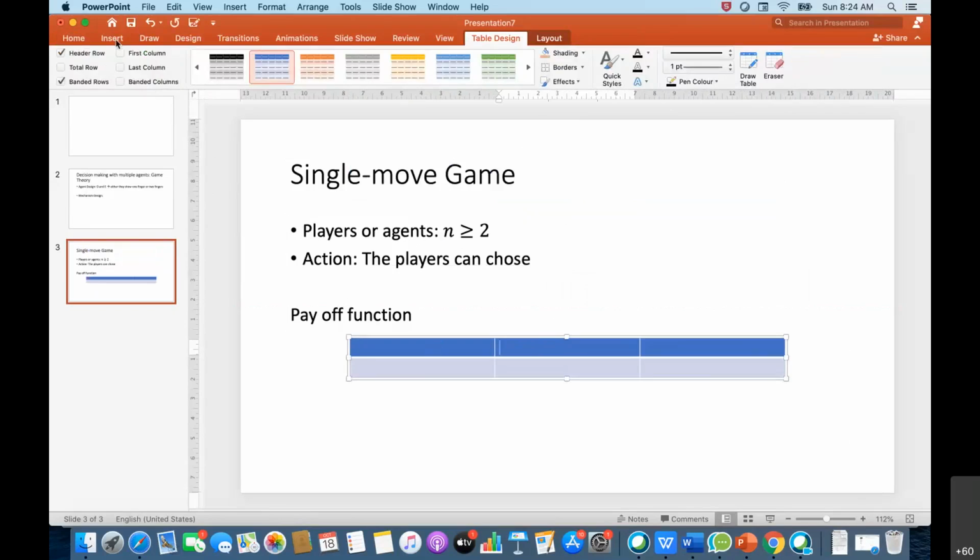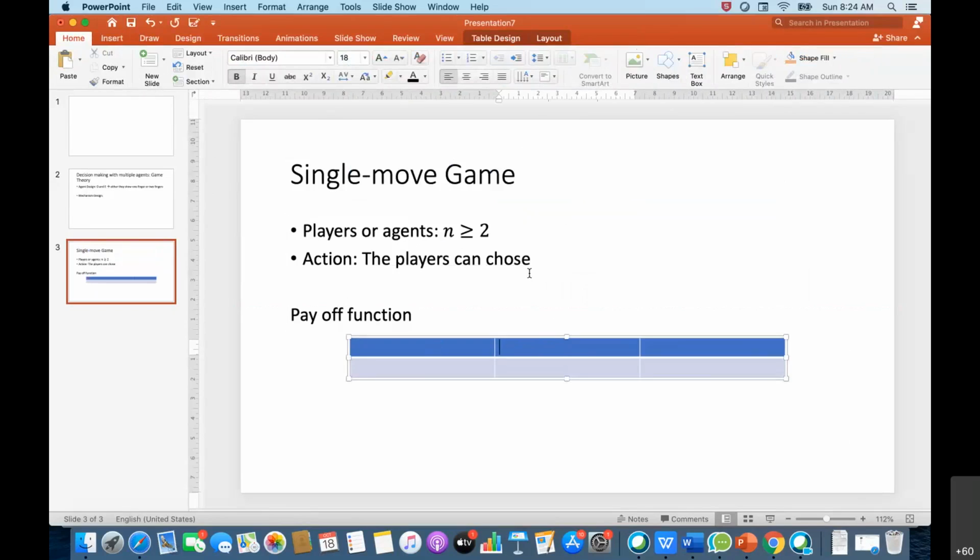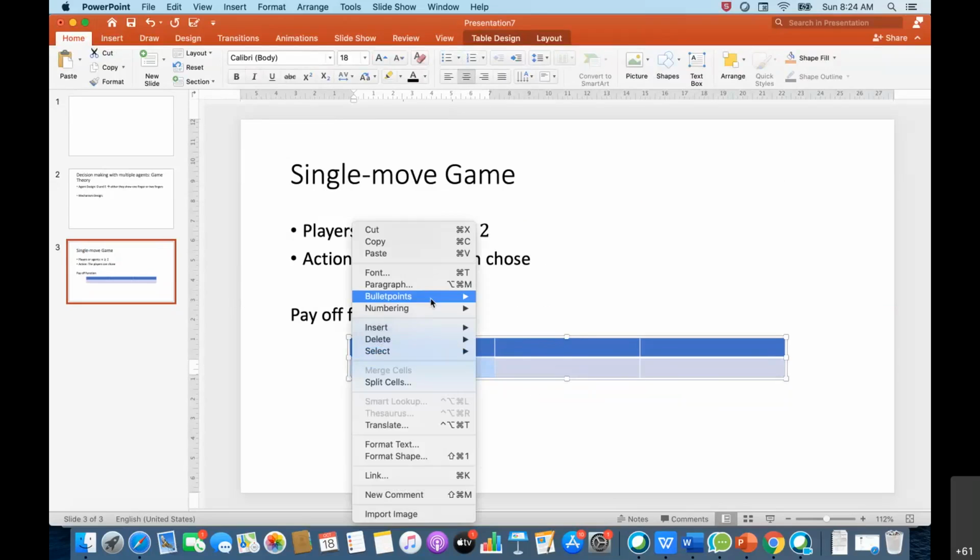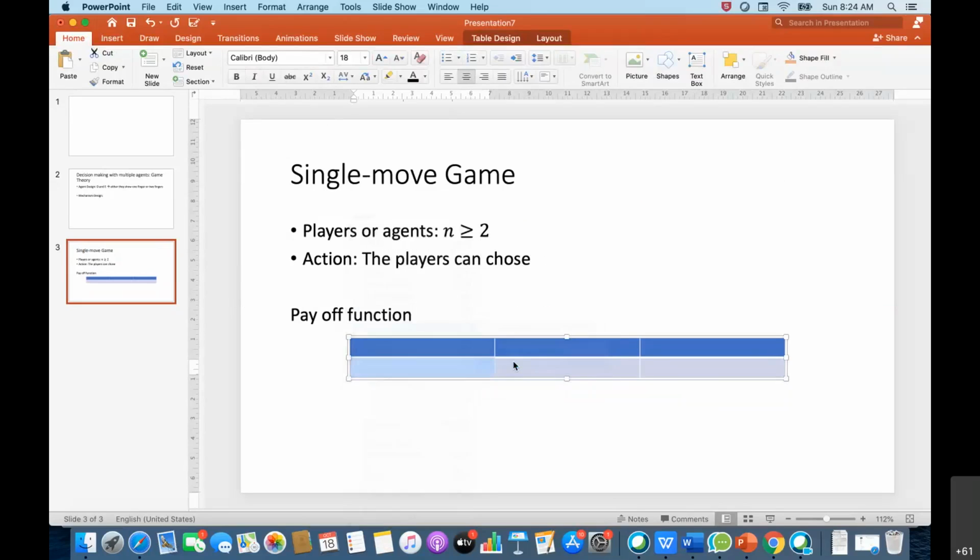As we know, here we have the players. There are supposed to be two players, E and O. Again, these two players will be there, and they are given two options.